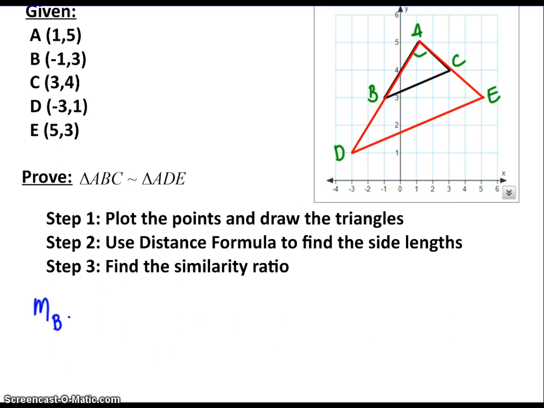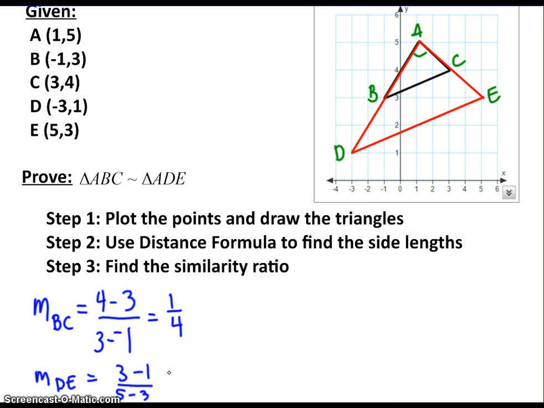So the slope of line BC would be 4 minus 3 over 3 minus negative 1, so that should be 1/4. Then the slope of DE should be 3 minus 1 over 5 minus negative 3. So that ends up being adding. So we get 8 on the bottom, 2 on top, which simplifies to 1/4.